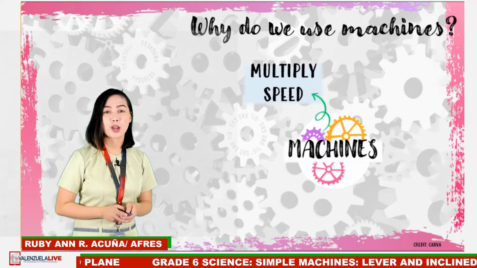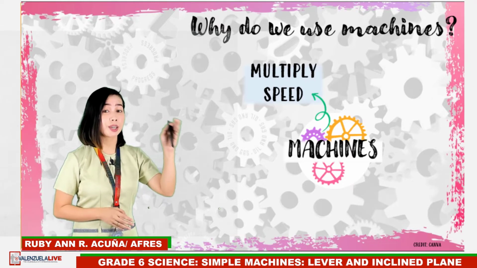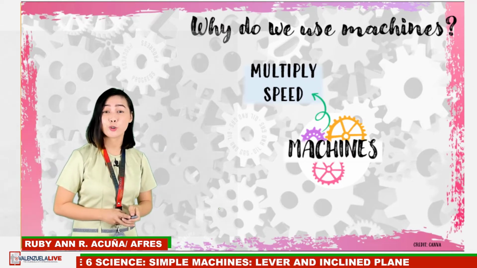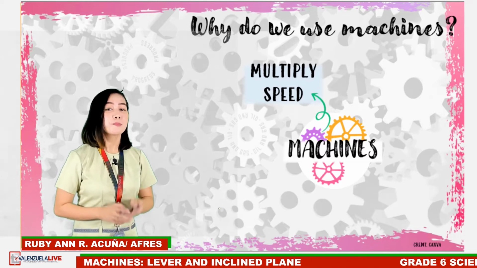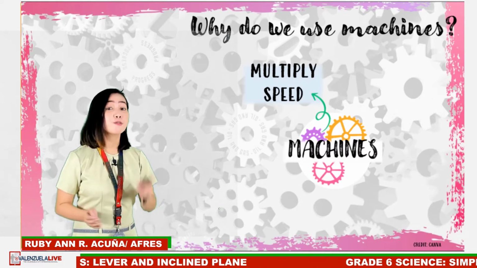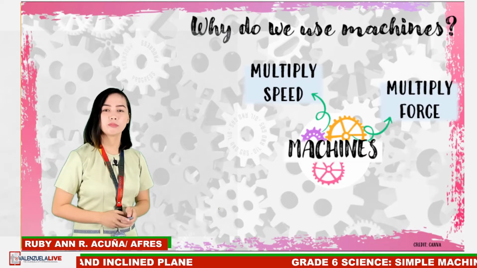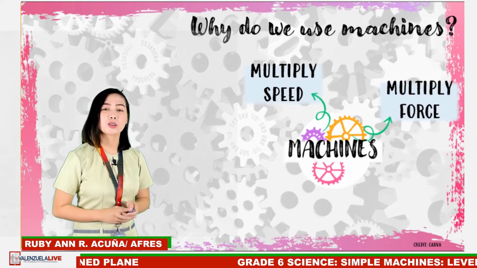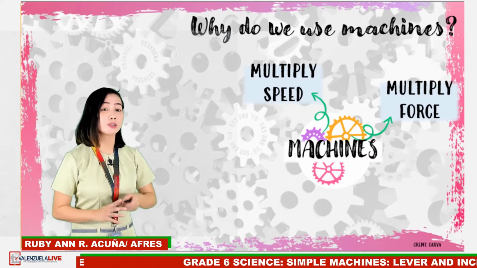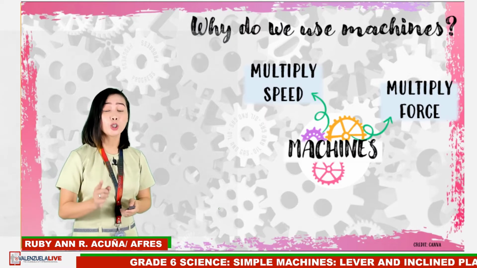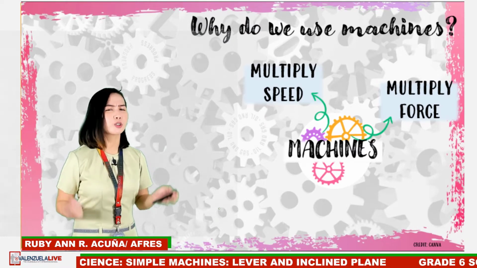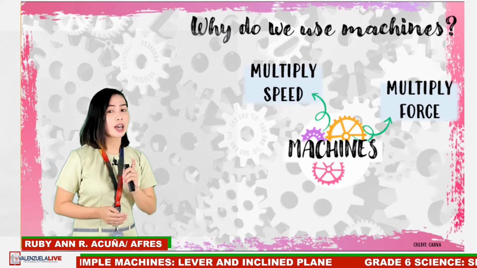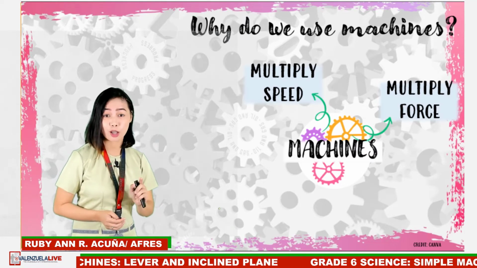We can easily transfer heavy objects to a higher place with less effort using a ramp. Machines multiply force. One needs to exert less force to pull out nails with the use of a claw hammer. An auto mechanic can lift an automobile to change a flat tire by using a jack screw.